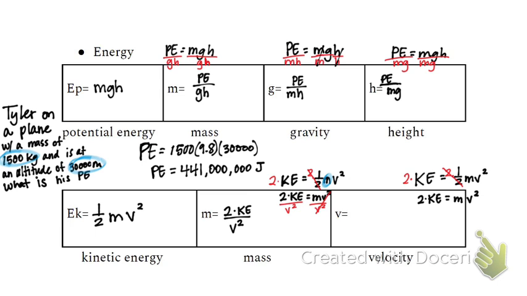What needs to move next? The m, and how do you move it? Divide m on both sides. So 2 times kinetic energy divided by mass equals velocity squared. And we have to get that square off of there, and the opposite of a power is a root. So velocity is the square root of 2 times kinetic energy divided by mass.